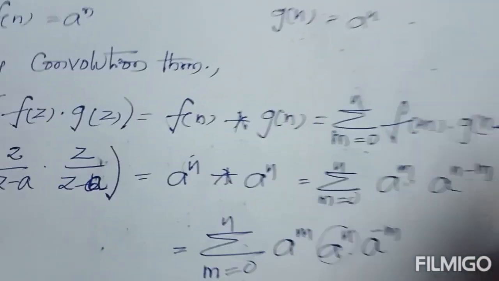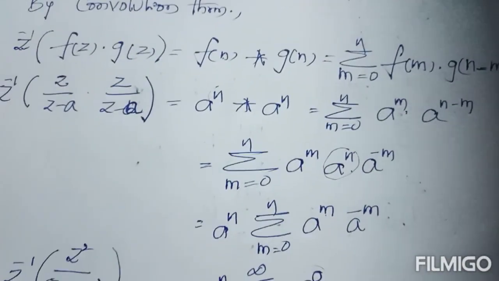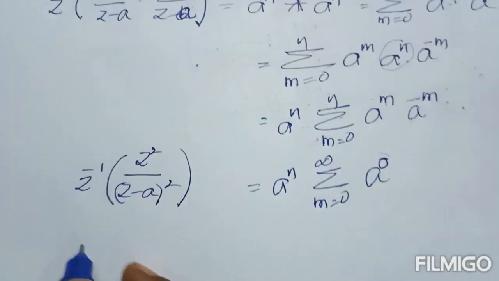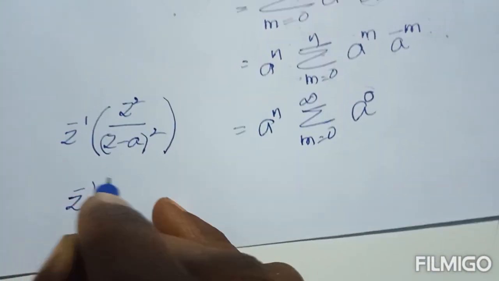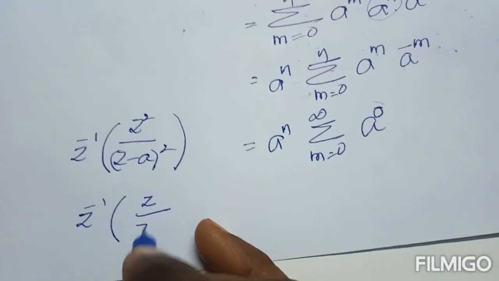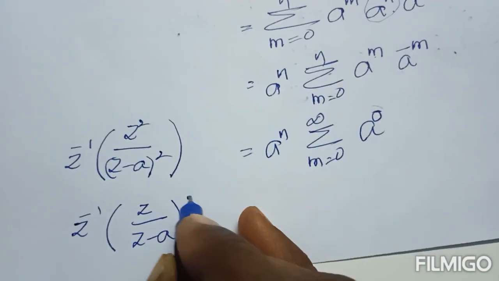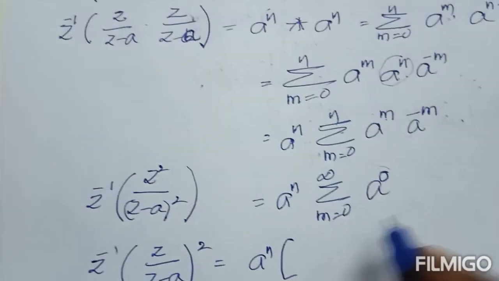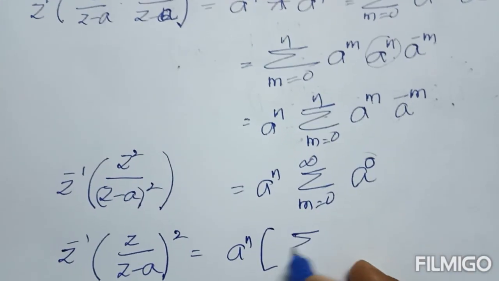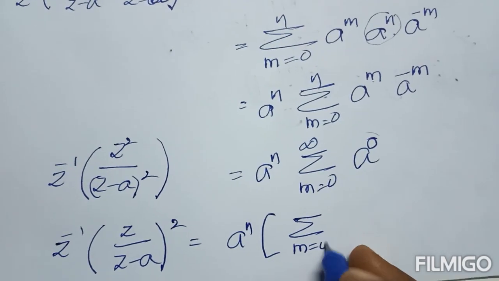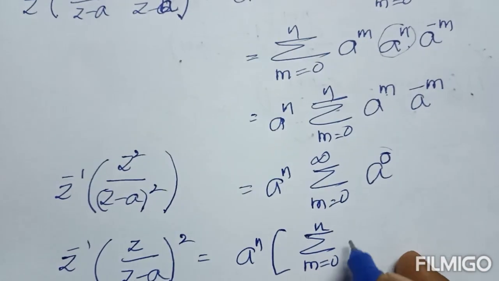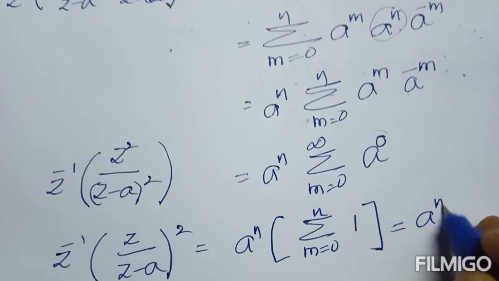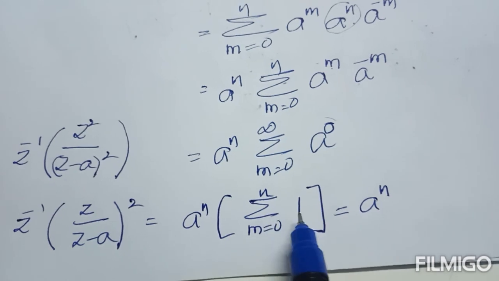It is also written as Z inverse of z by z minus a whole square equal to a to the power of n into summation of m equal to 0 to n, a power 0 is 1. After that, a power n into summation of ones.